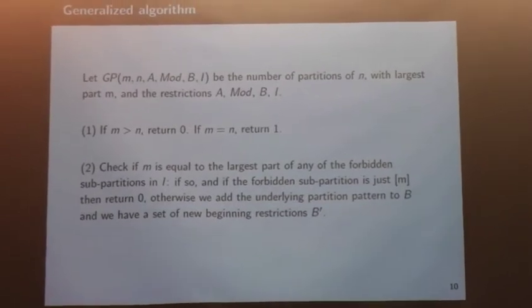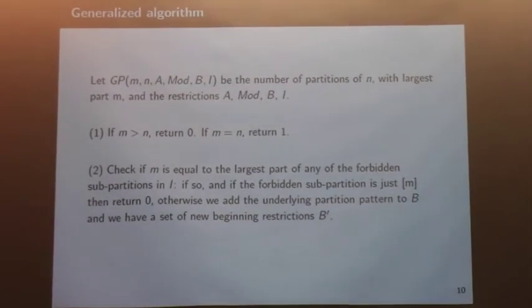There's no partition with the largest part greater than the integer we are partitioning. If M is equal to 1, return 1. So N itself is the only partition. So second step, check if M is equal to the largest part of any of the forbidden subpartitions in I. If so, and if the forbidden subpartition is just M, then return 0.